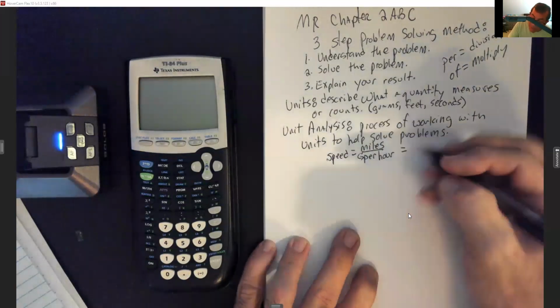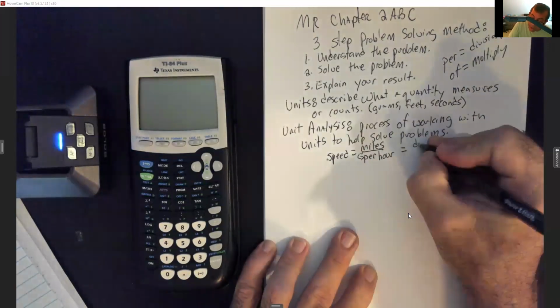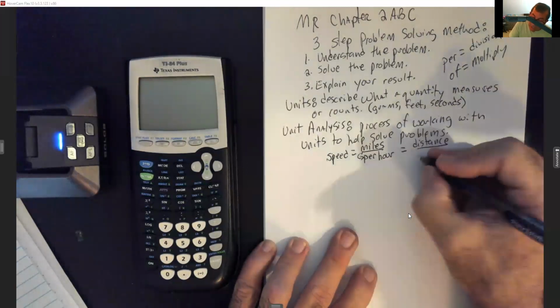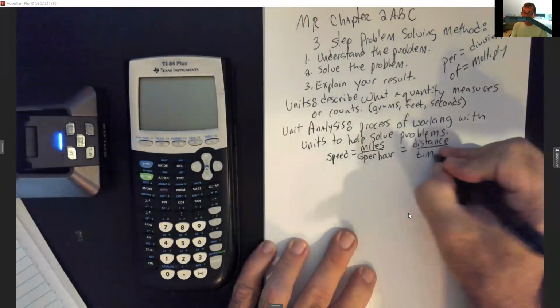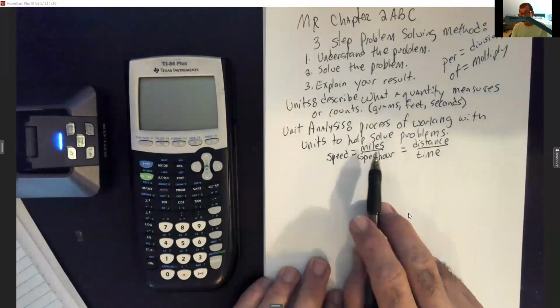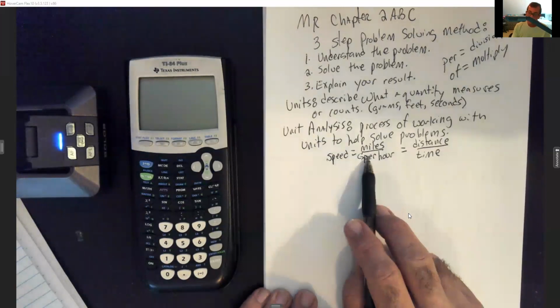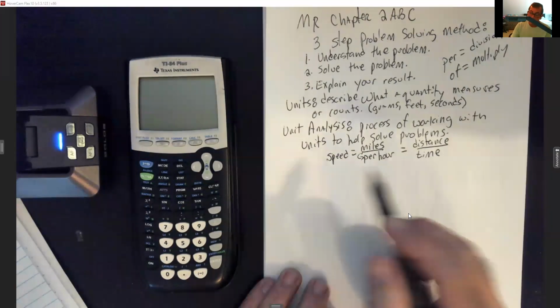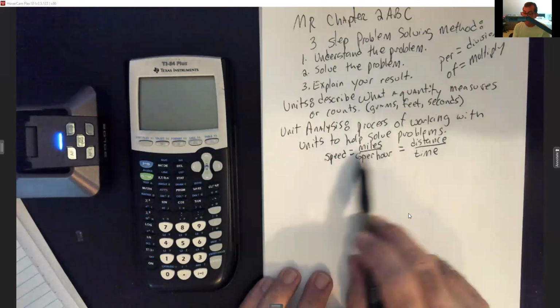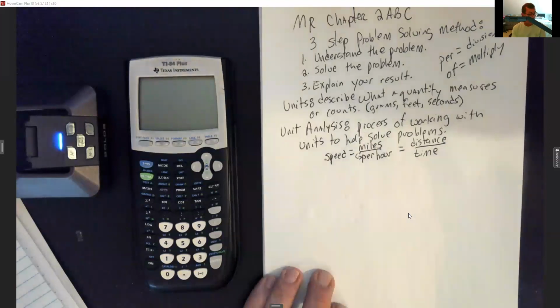Well, miles measures distance or length. Hours measures time. So now we know the formula for speed just based on the units, okay? So that's what they were talking about. It's a process of working with the units to help me solve the problems by knowing what their formulas are.